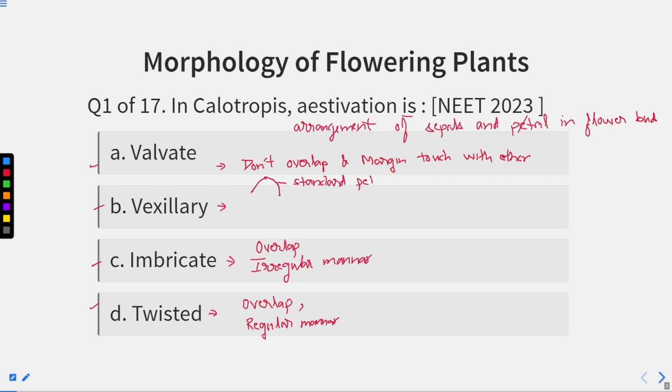This is the largest petal, one giant petal, which overlaps, or covers, the two lateral petals, also known as wings. Then further, these two lateral petals overlap two anterior petals, and these are known as keel.